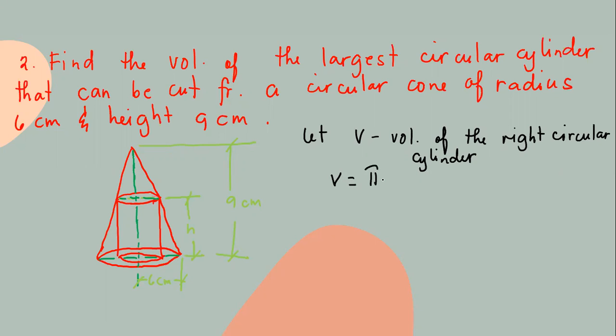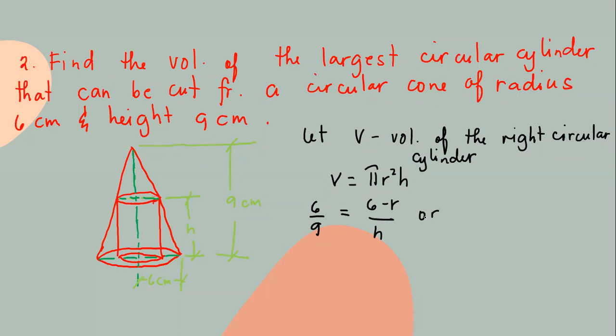R is the radius, h is the height. Now, to express the quantity to be maximized in terms of a single variable, we use similar triangles. We have 6 over 9 equal to 6 minus r over h.